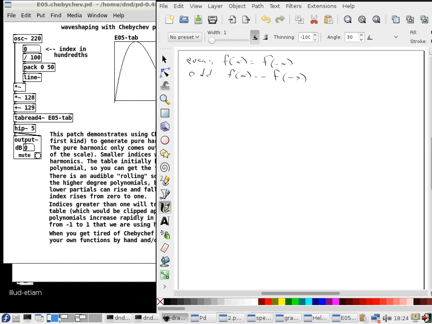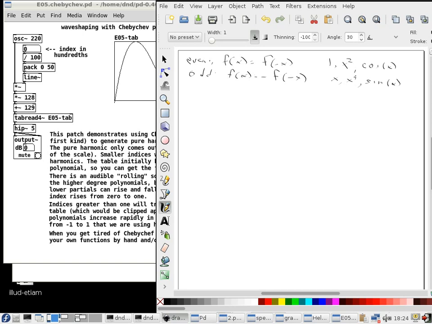Examples of even functions are 1, that's a function, or x squared, or cosine of x. And an example of an odd function would be x, or x cubed, or sine x.